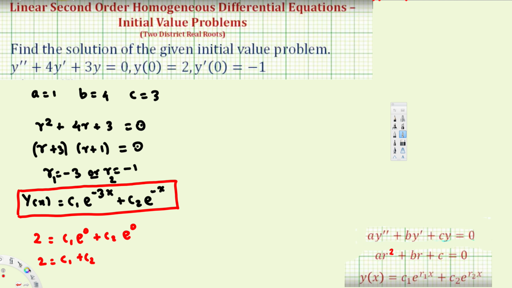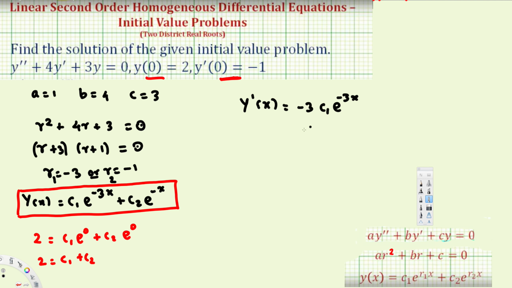From this we cannot do anything because we have two unknown variables. Now let's see what happens if we plug in the initial condition y prime of 0 is equal to negative 1. To do that, we have to find the derivative first. Y prime of x is going to be negative 3c1 e to the negative 3x, and then negative c2 e to the negative x.